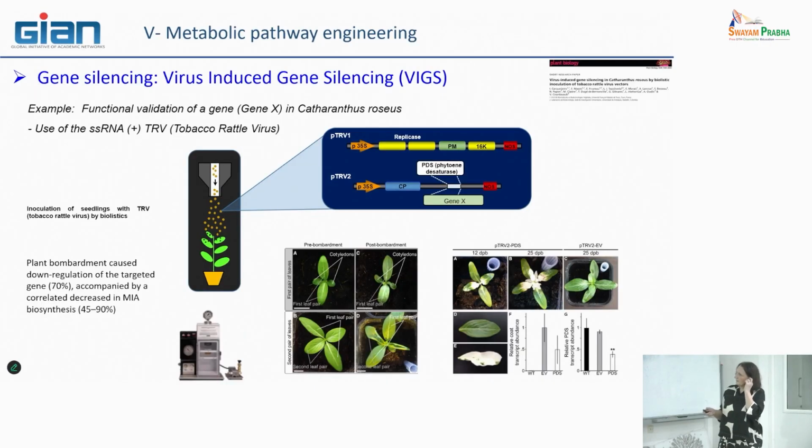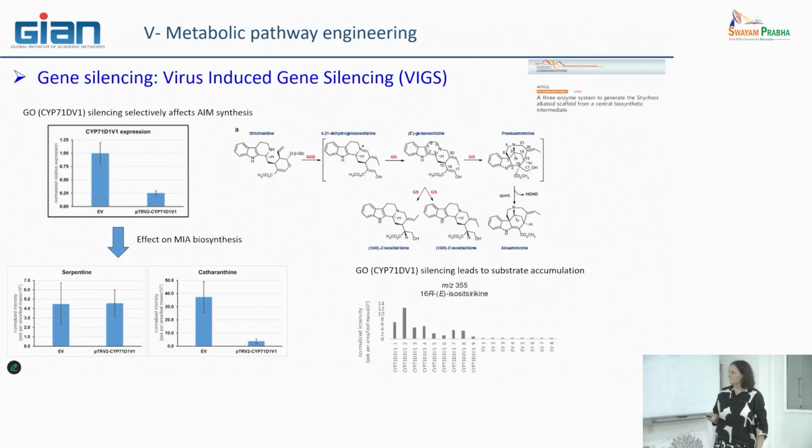Okay. So here are other illustrations of what you can have at the end of this type of experiment between a control and a non-control, and you can have here the amount of different transcripts and also different metabolites.